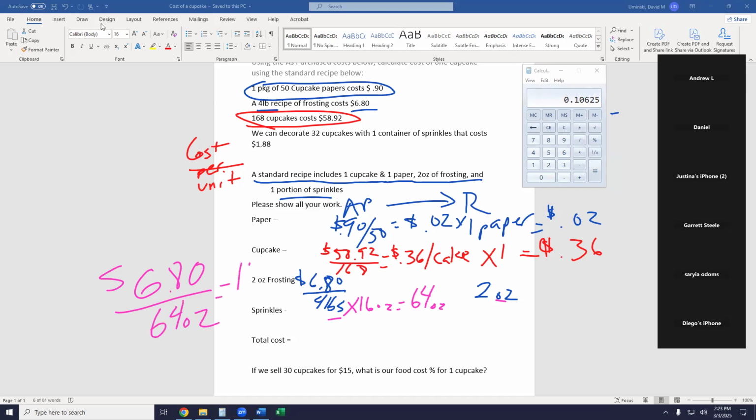This is equal to 11 cents per ounce. But I need two of them, so 11 cents per ounce times 2 is 22 cents.